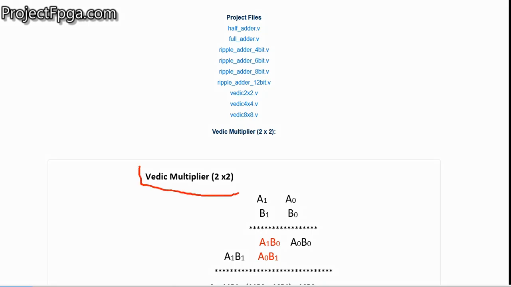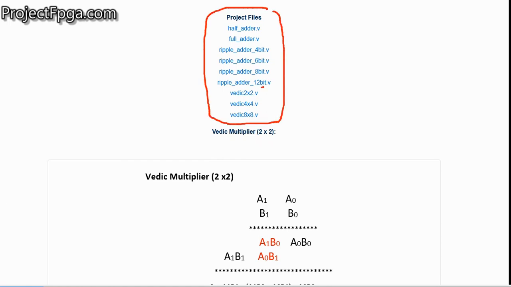So this is the first Vedic here, the Vedic multiplier. Before then, you will be able to find the full Verilog files here also. When you go through the tutorial, this is the full Verilog file, but the main ones are Vedic 2x2, Vedic 4x4 and Vedic 8x8. The figures represent the bits.